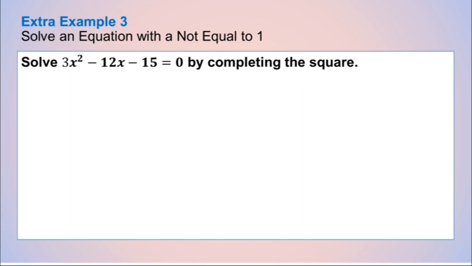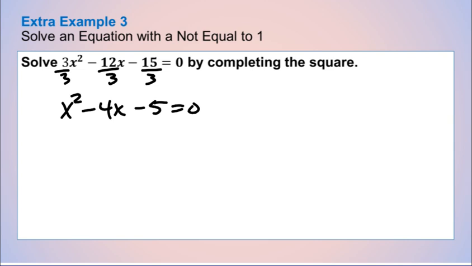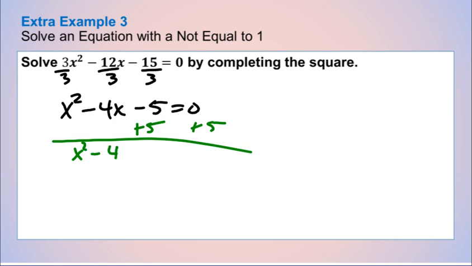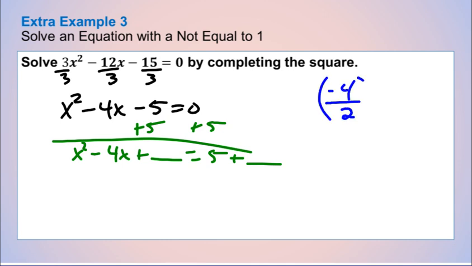Next example, divide everything by 3 so I can complete the square. So now I'm left with x squared minus 4x minus 5 equaling 0. I'm going to add 5 to both sides. So now I have x squared minus 4x plus blank equaling 5 plus blank. To complete the square, I take my b, negative 4, divided by 2 is negative 2.